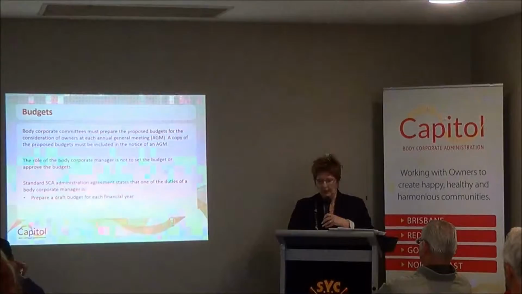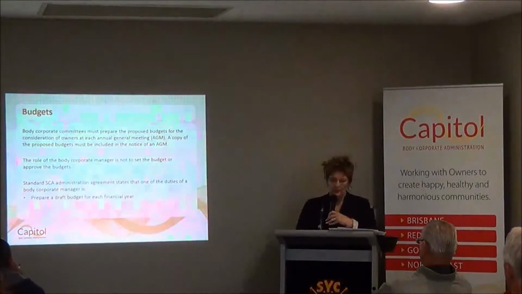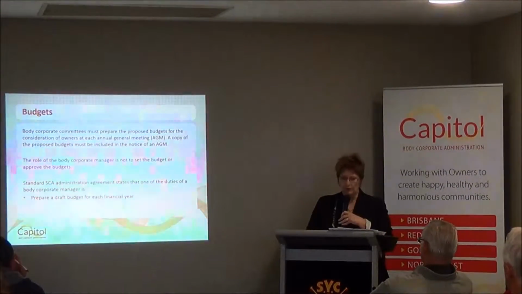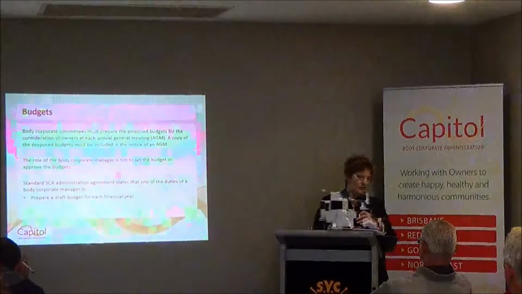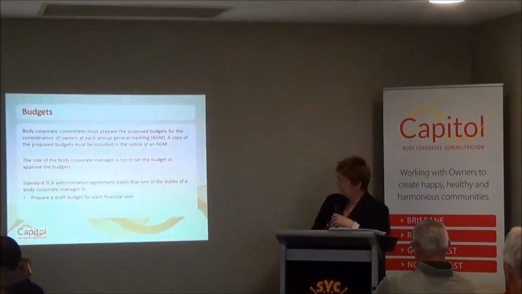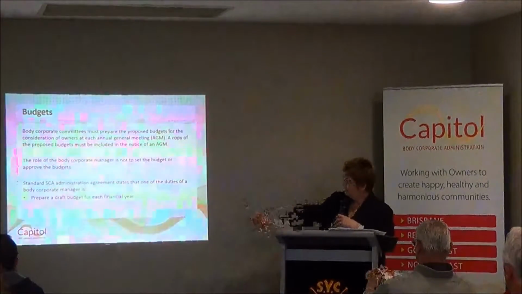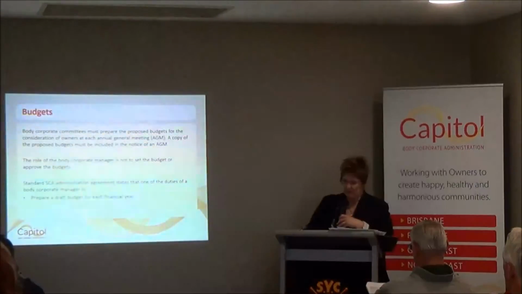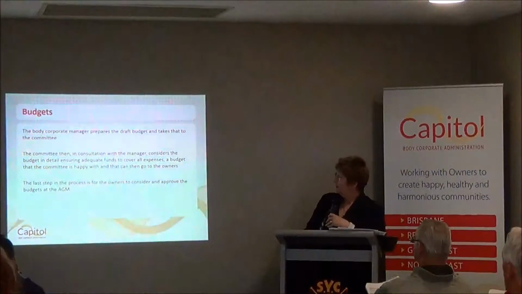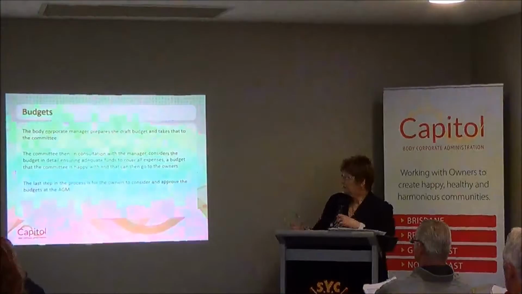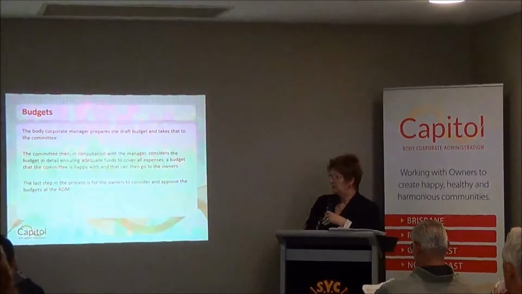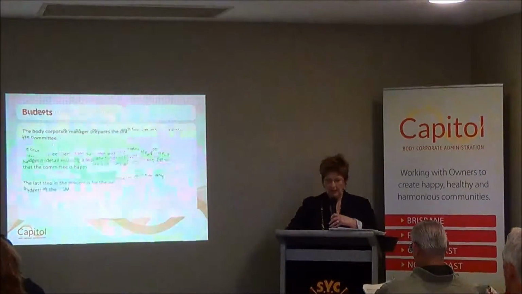They'll come to an agreement and set a budget. That actual budget then goes to all the owners to be approved at the meeting. So, as I said, we prepare the draft, then it goes to the committee, and the last step in the process is to consider and approve it at the AGM, of course.